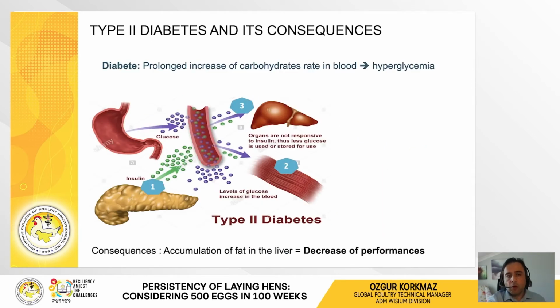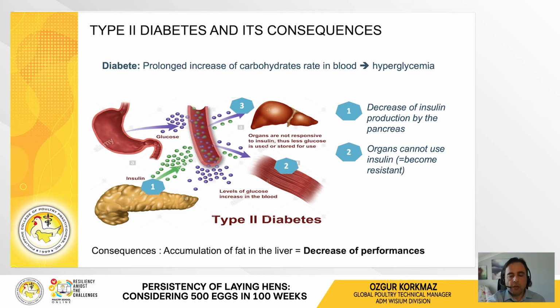It is the same for humans. For example, we eat too much glucose from our food, and besides decreasing insulin production by the pancreas, organs cannot use insulin, they become resistant, and less carbohydrate is used by the body.